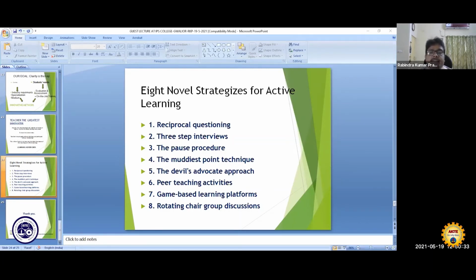After each interview, have the students rotate roles. Depending on factors including the grade level of your students and their experience with the strategy, you may adjust the length of time for each interview.